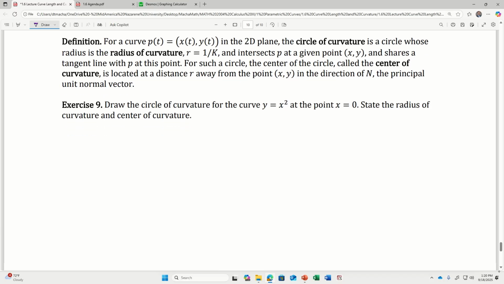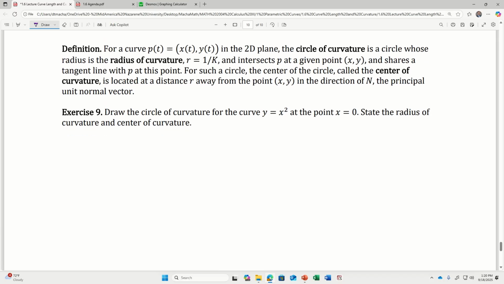Let me see what the last page says. Okay, for a curve in the 2D plane, the circle of curvature is a curve whose radius is the radius of curvature. And it intersects my parametric curve P at a given point and shares a tangent line with P at this point.